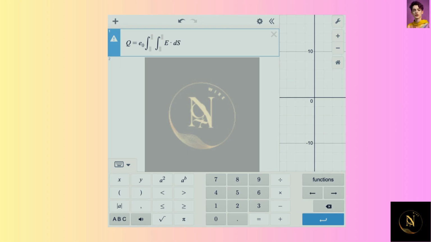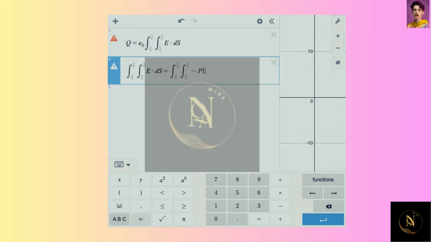To find the flux through the hemispherical part, we'll use the formula, which states that the double integral of E dot dS is equal to the double integral of negative P times the partial derivative of g with respect to x, minus Q times the partial derivative of g with respect to y, plus R dA. That's capital R.